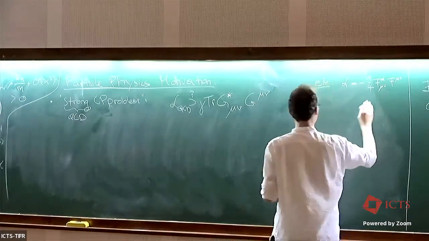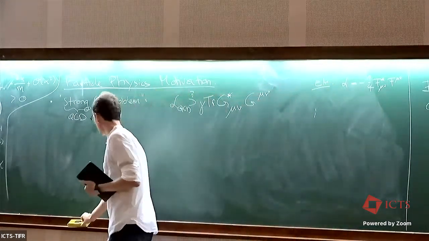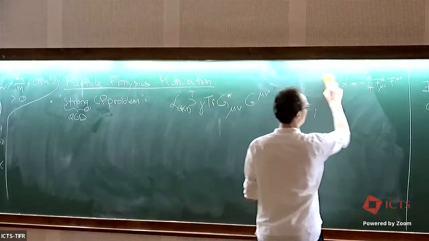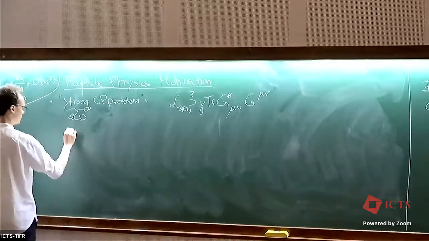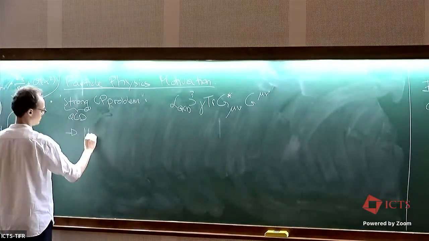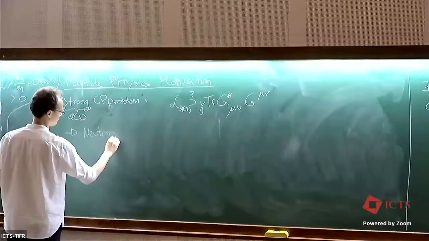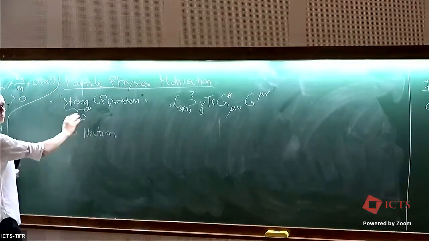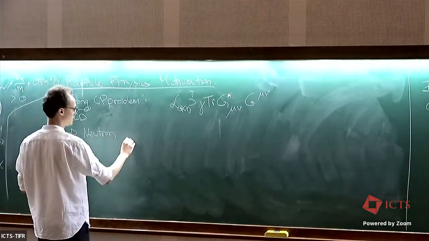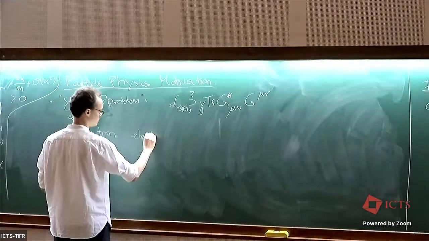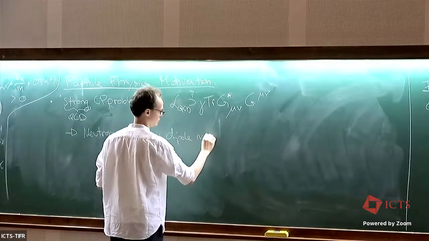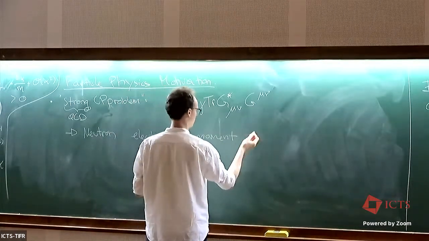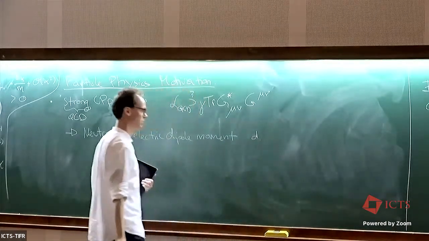And so what this implies, not in the case of E and M, but in case of QCD, is that, for instance, the neutron, which is made up of quarks, which are described by QCD, develops an electric dipole. Let's call it D. Okay?